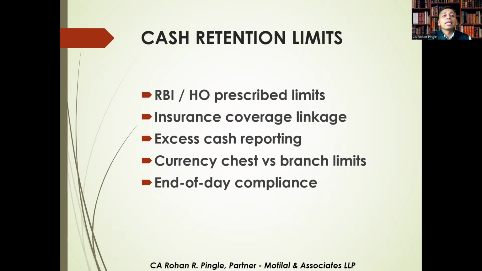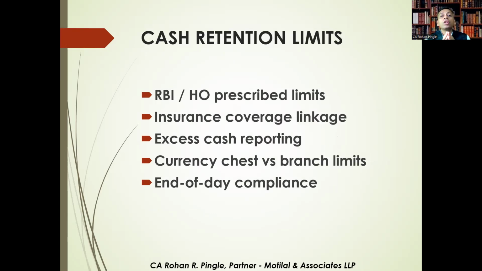Moving further, let's understand cash retention limits. Each branch has a cash retention limit, how much it can hold with that particular branch. That is fixed by head office based on business volume, risk profile, and insurance coverage.